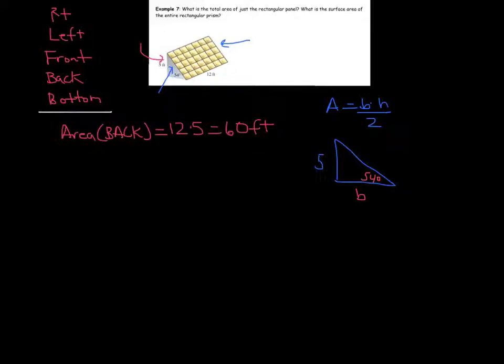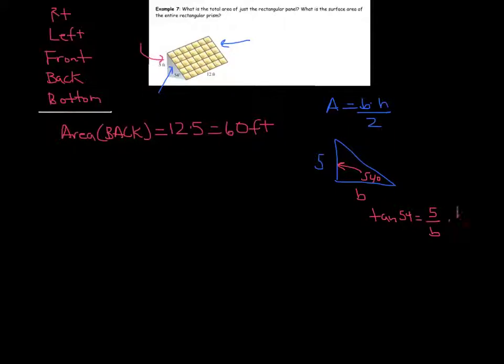So let's think about what we have. We have the opposite side. We're looking for the adjacent side, so tangent. So we're going to say tangent of 54 is equal to opposite, which is 5, over the adjacent, which is b. And notice this is the first example you've seen where the variable is on the bottom and the number is on the top.